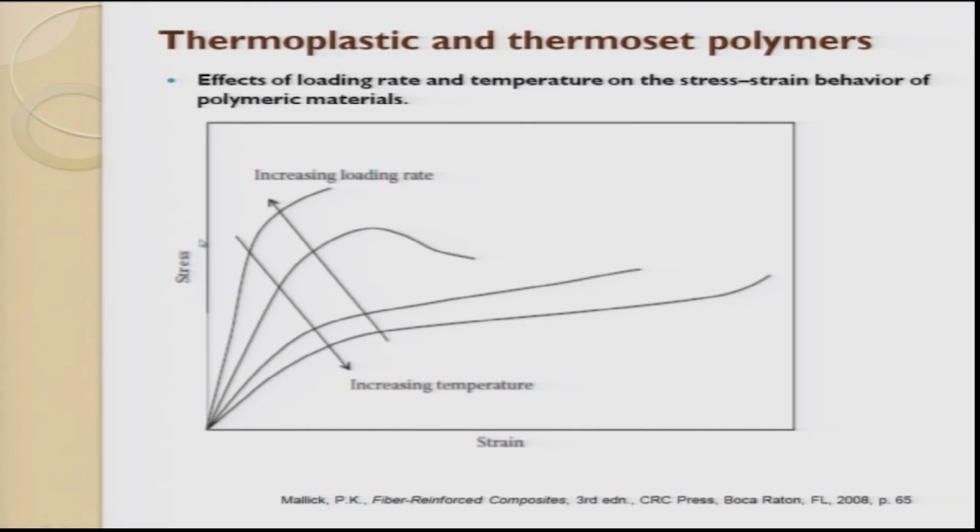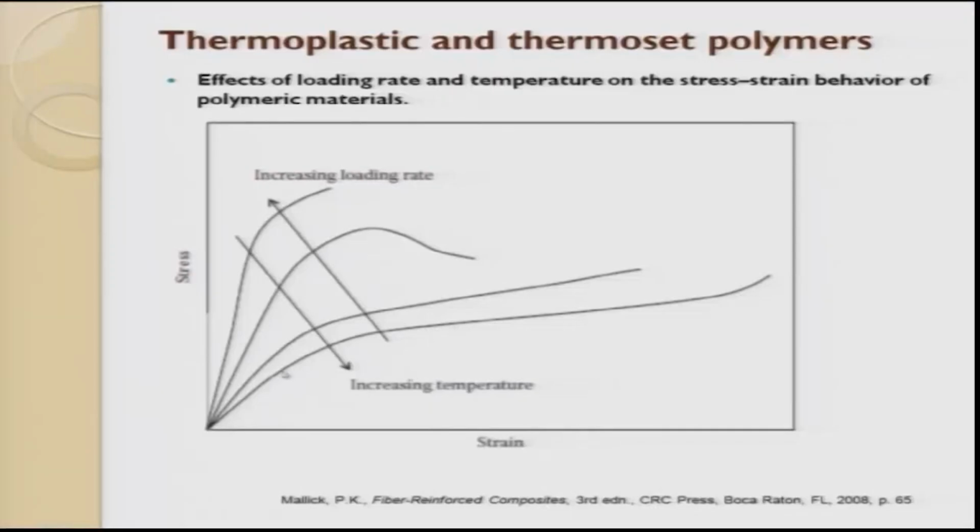This graph clearly says if you want to process a polymer matrix composite, or a thermoplastic material, you should take it to a higher temperature such that you bring in ductility. The moment ductility is brought in, the shape to which it is manufactured can be achieved easily.